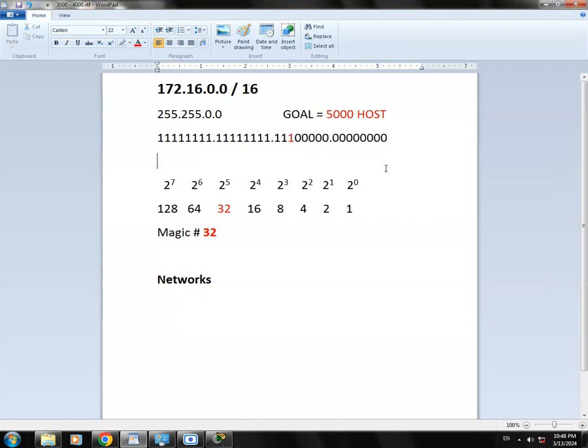That's a lot, right? So it is truly enough to cover these 5,000 hosts.